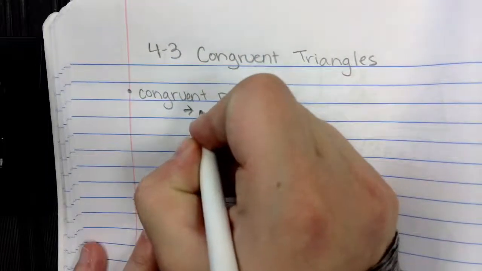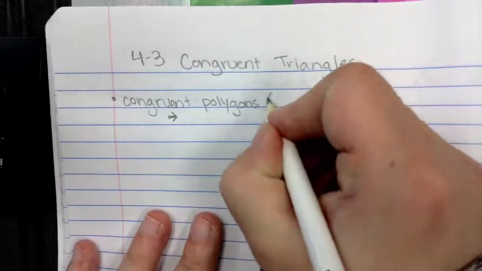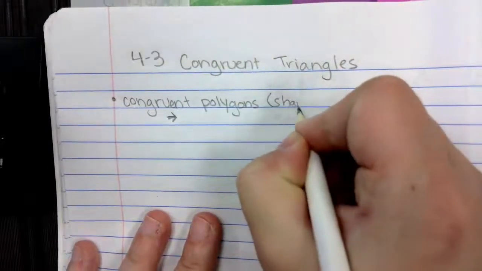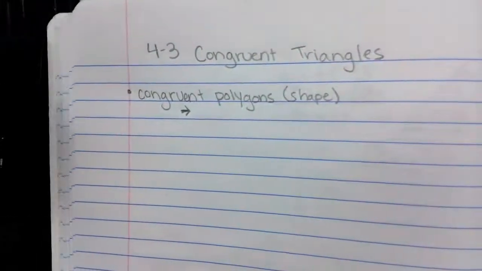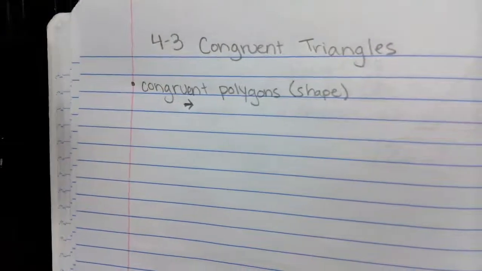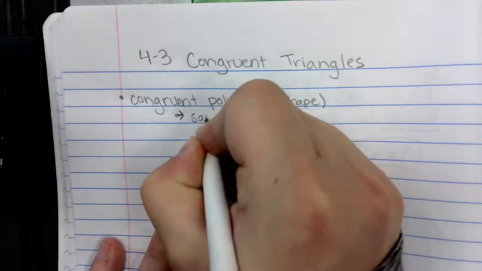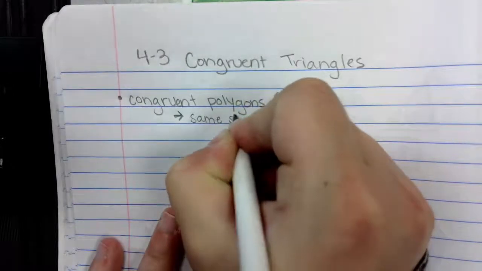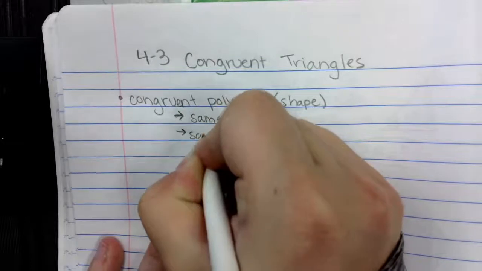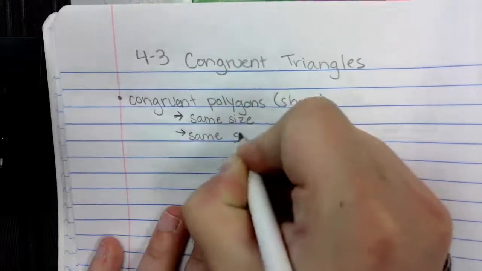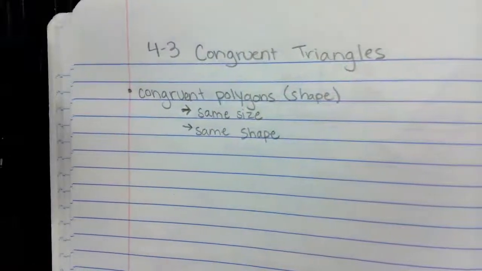Good. So in this case, when we have polygons, what does polygons mean again? It's just a shape. So when we look at congruent shapes, can shapes be equal? All the sides are the same size. Good. So same size. And they have to be the same shape. Generally speaking, I can't have a pentagon and then say a hexagon is congruent. That wouldn't be the same.